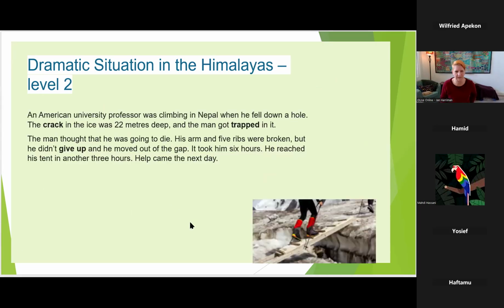There we go. We're in 2. So find the verbs.